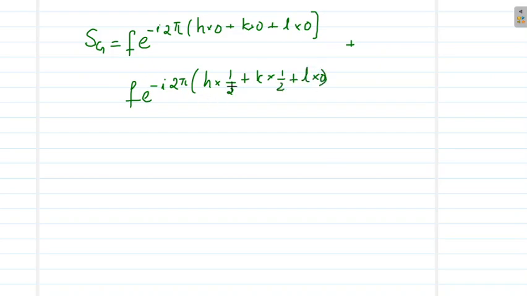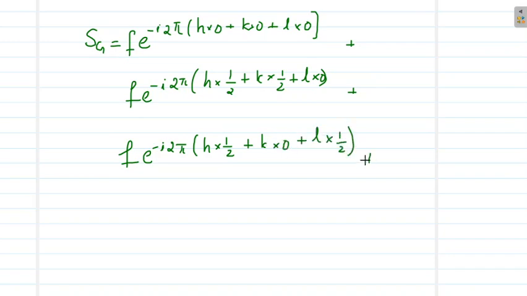So for the next set we chose 1 by 2, 1 by 2, 0. Then for the next set, e raised to minus i 2 pi into (h into 1 by 2 plus k into 0 plus l into 1 by 2). So for the next set we chose n1, n2, n3 values as 1 by 2, 0, 1 by 2. Plus f into e raised to minus i 2 pi into (h into 0 plus k into 1 by 2 plus l into 1 by 2).